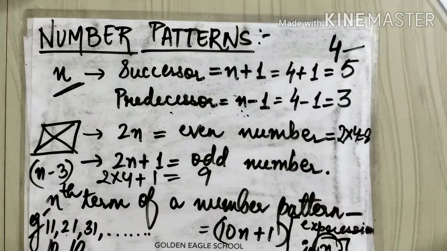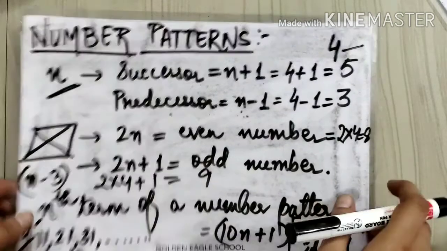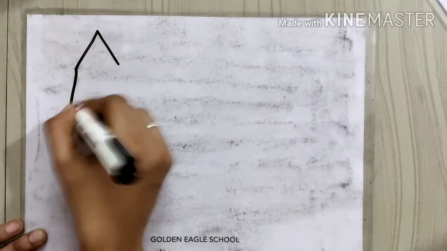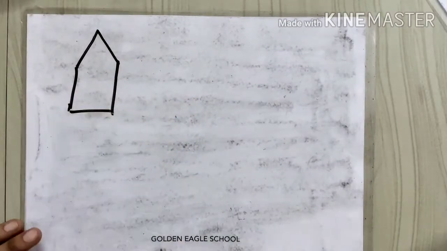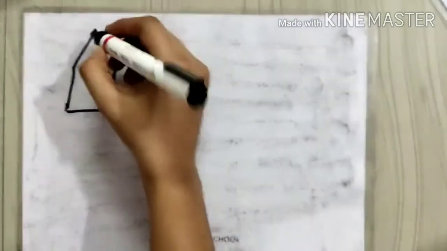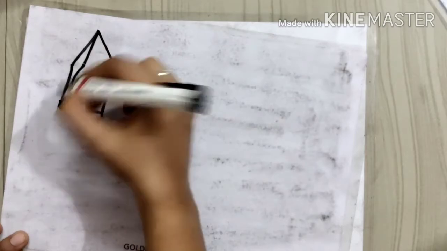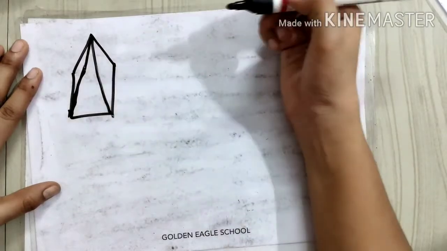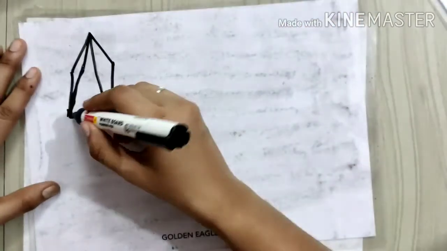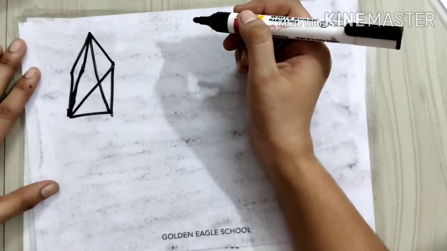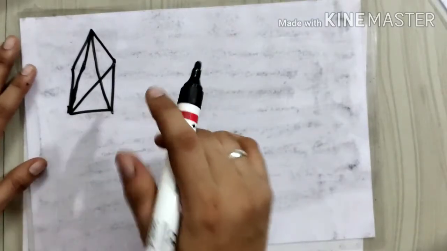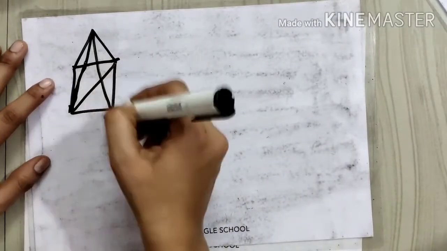For example, if we have a pentagon of 5 sides, how many diagonals can we draw over here? We start with this. This is a diagonal, right? Similarly, this line is also a diagonal. Similarly, this line is also a diagonal, and this is also a diagonal.